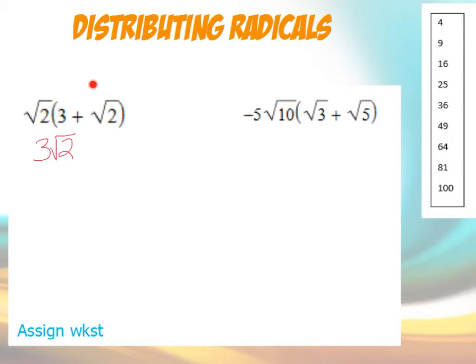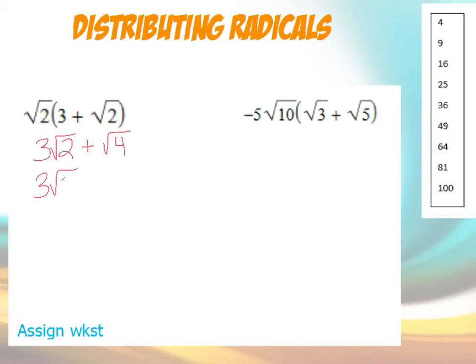Then we distribute it to the next one. I have the square root of 2 times the square root of 2. So that would get me the square root of 4. Oh, remember we talked about that last time. When you take two radicands that are identical, you're always going to get a perfect square right here. So that's going to come out nice.